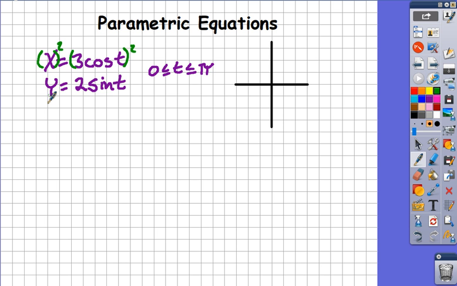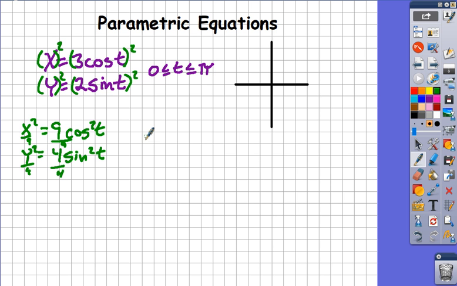So I'm going to write x squared equals 9 cosine squared of t. And then we're going to do the same thing here: square both sides, and we get y squared equals 4 times the sine squared of t. Then in each case, we're going to divide the multiplier to the other side.